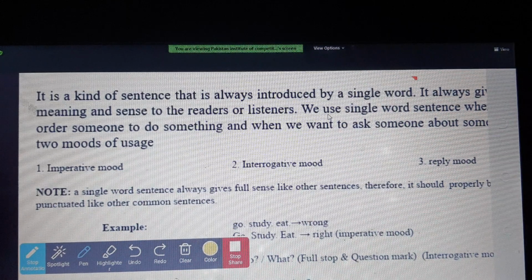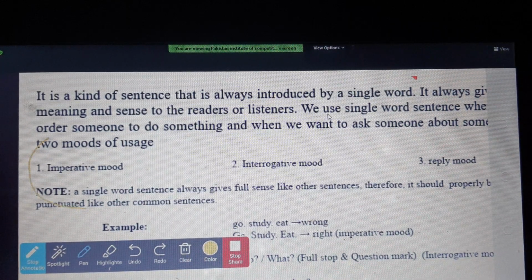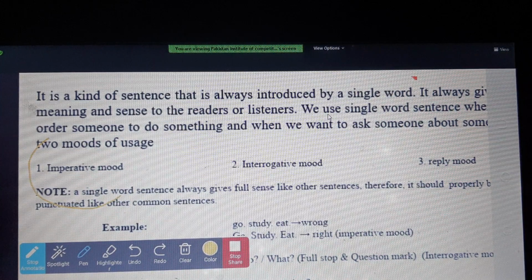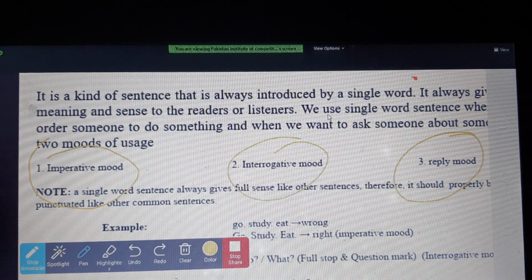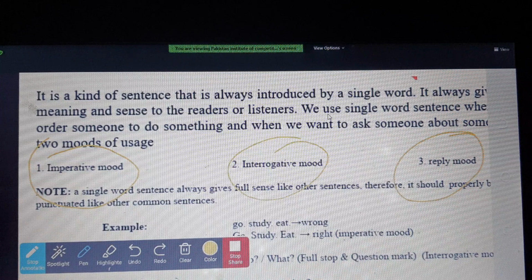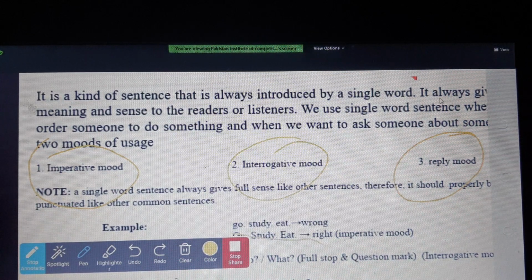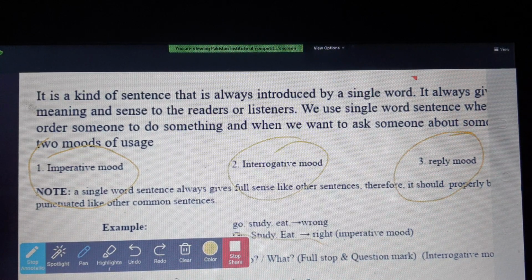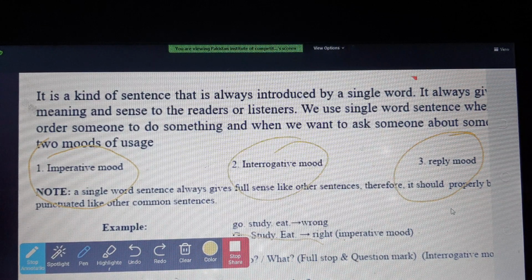In imperative mood, interrogative mood, and reply mood. So in these 3 situations, we are allowed to use single word sentence, and without these 3 situations, we are not able to use any single word sentence.